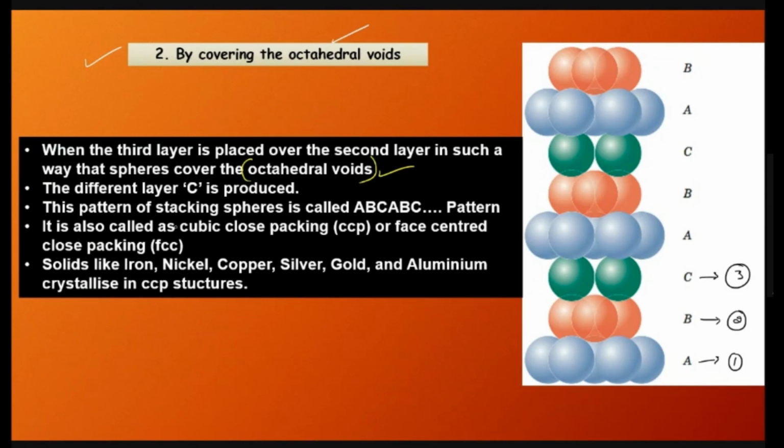So it is also called cubic close packing, or CCP. Why is it called cubic close packing? We'll understand with the picture. When you stretch the atoms to the respective corners, it exactly looks like a cube. It is also called face-centered cubic lattice or face-centered cubic close packing.